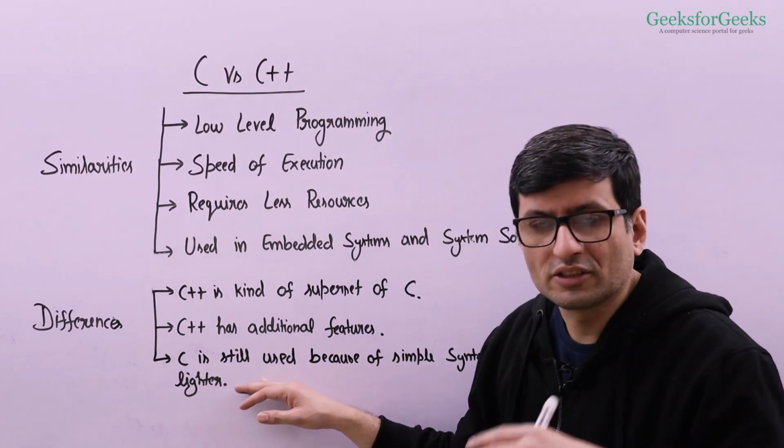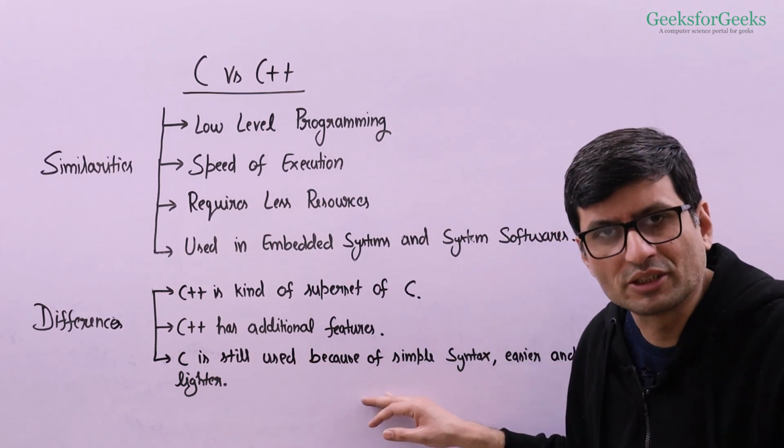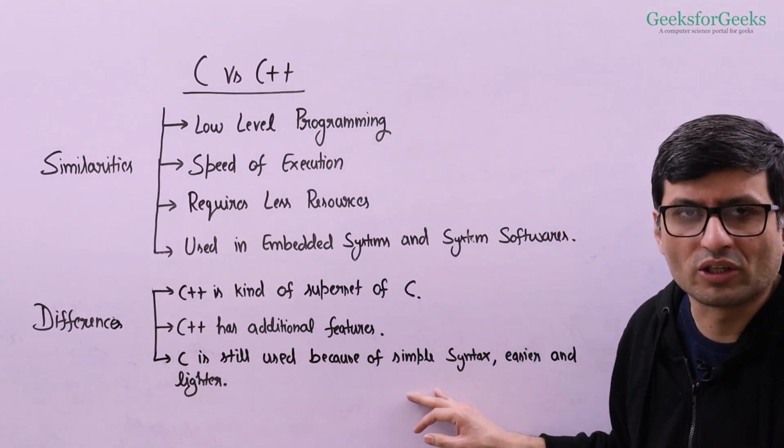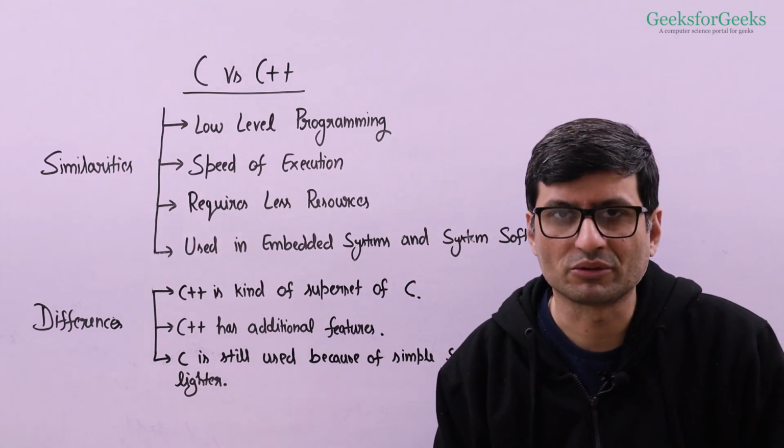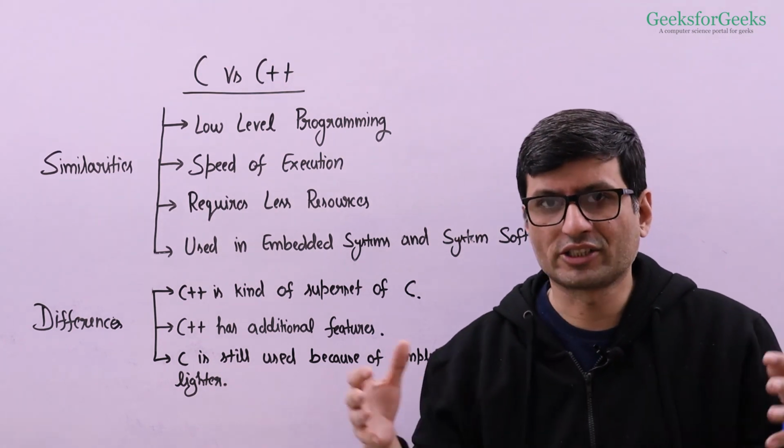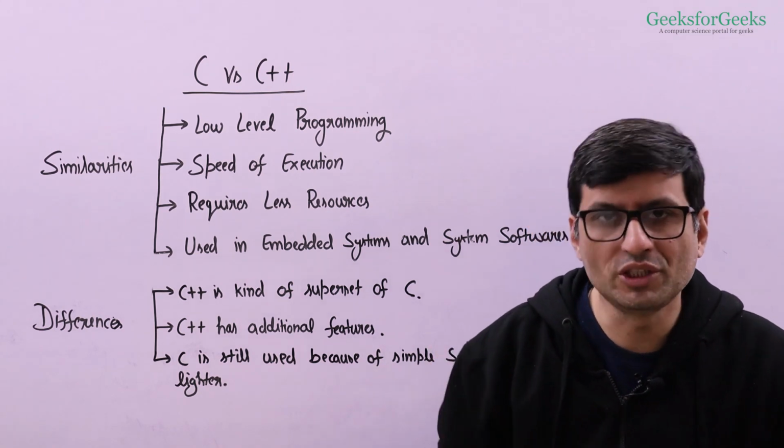But C is still used because of its simple syntax. It's easier to learn C. C++ is a superset of C, so it has a larger set of rules and a larger set of keywords.